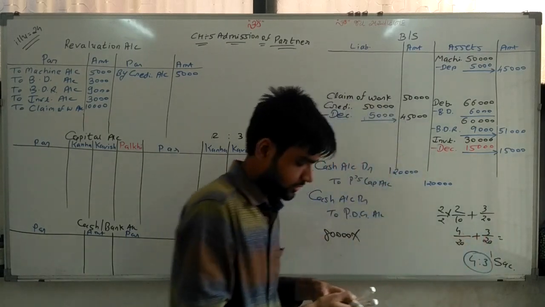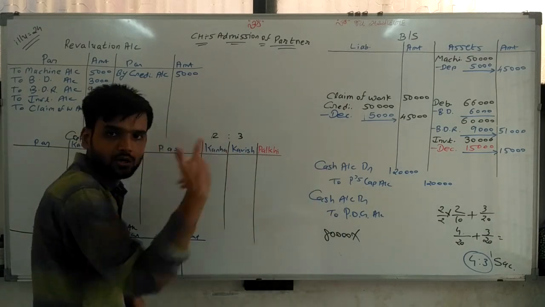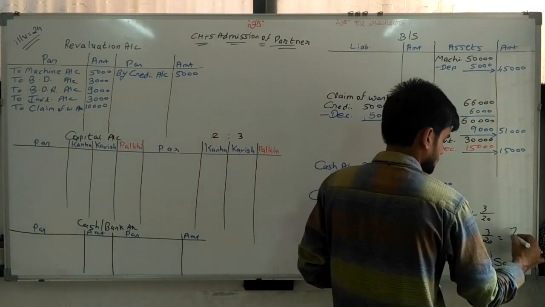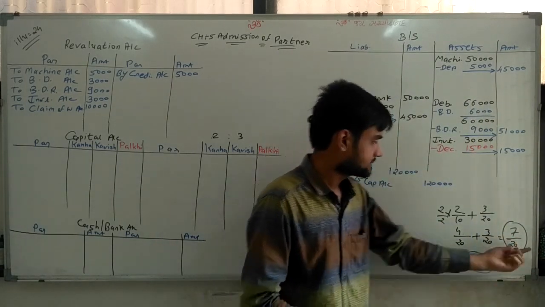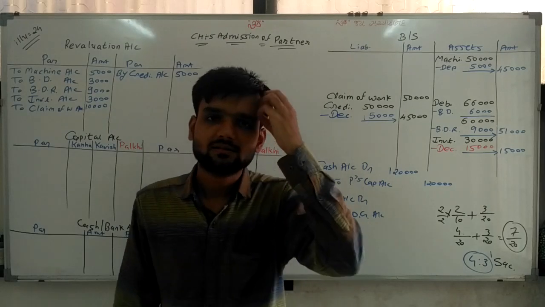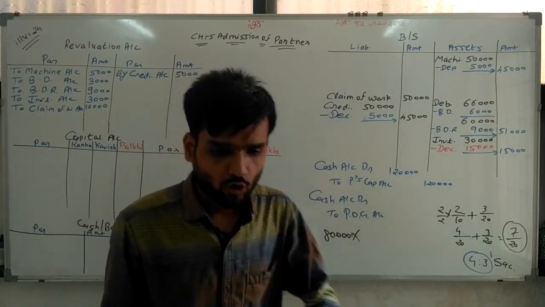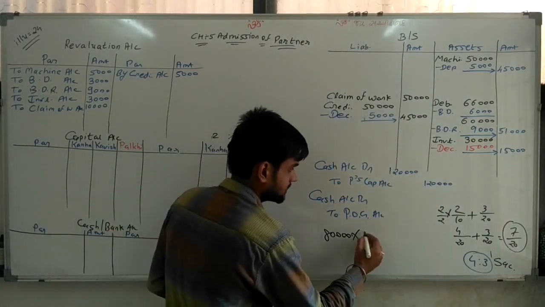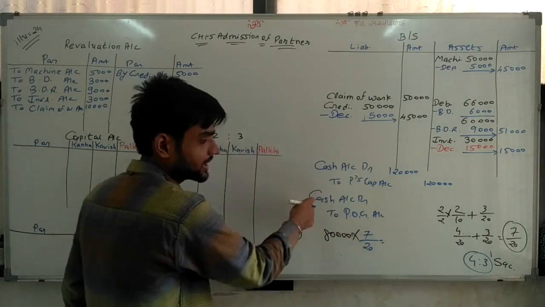The total of the sacrifice made by the two partners is the gain of Palki. Simple. So 4 plus 3 is 7/20. This 7/20 is Palki's share. So for Palki's share, 7/20 from this 80,000.